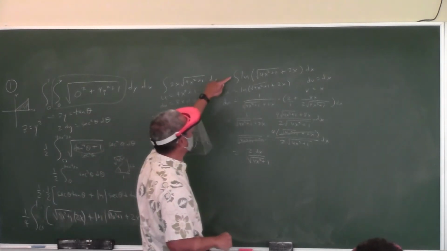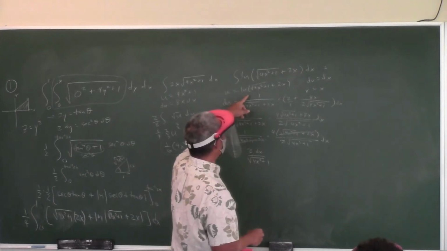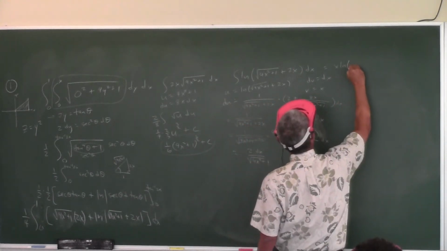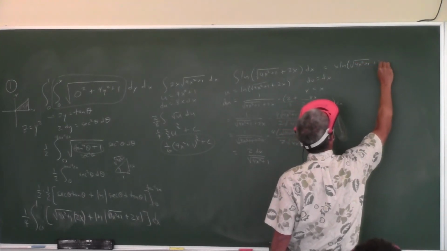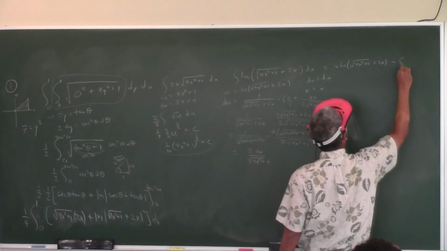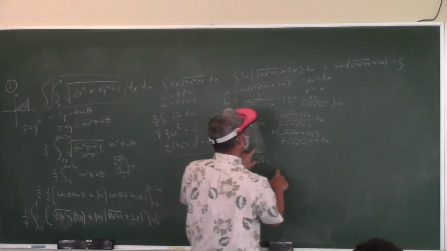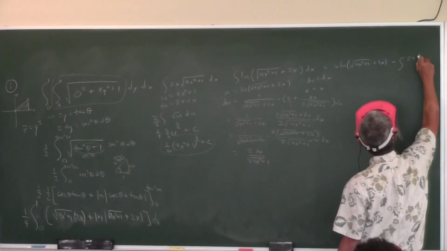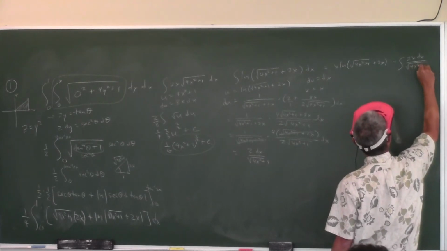Whoa, so this integral is equal to uv, so x natural log of root 4x squared plus 1 plus 2x, minus the integral of v du. So this times that is 2x dx all over root 4x squared plus 1.